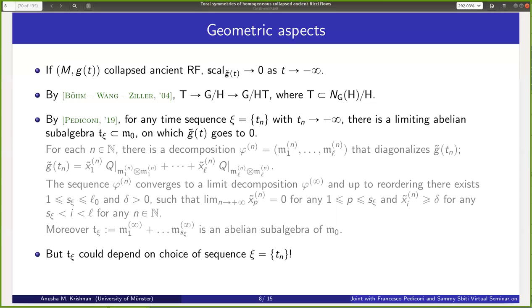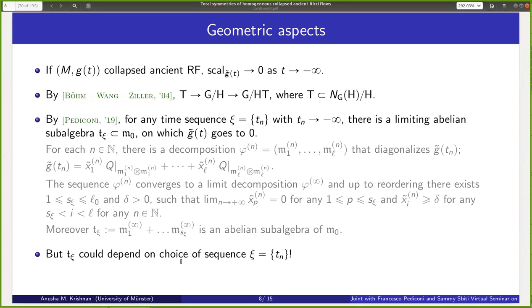So of course, along the Ricci flow, you could take some sequence of times that go to negative infinity, and you obtain some corresponding limiting abelian subalgebra, but we would like something that happens all along the flow.